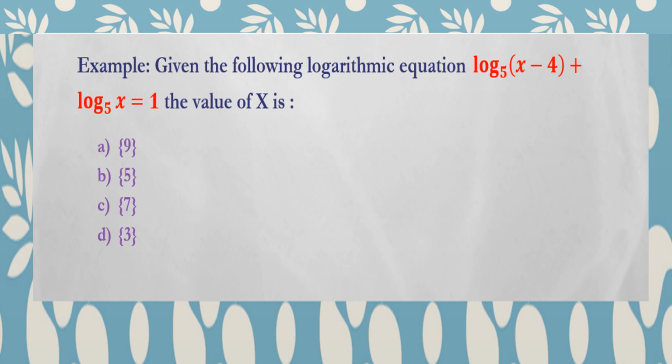Another example, given the following logarithmic equation, log to the base 5 for x minus 4 plus log for the base 5 for x equals 1. In this example, we have two logarithms added to each other, and by recalling the property that says that when we have log for m plus log for n, this means log m times n.